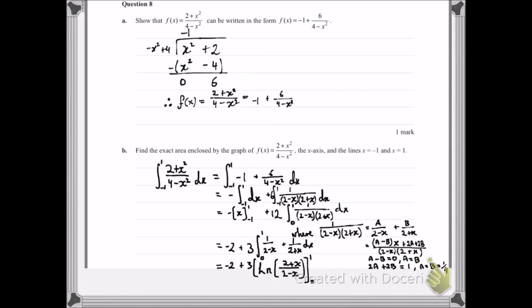Now let's evaluate this from 0 to 1. We end up with this part here, log of 1, which is a value of 0. So simply it's 3 times log of 3 subtract 2. And there it is as our result in exact form.